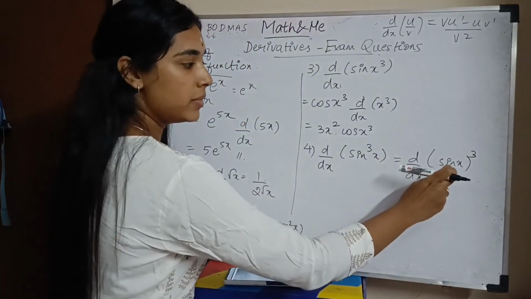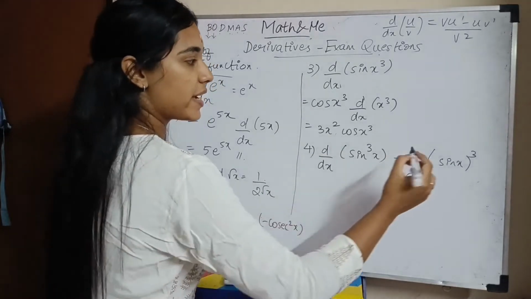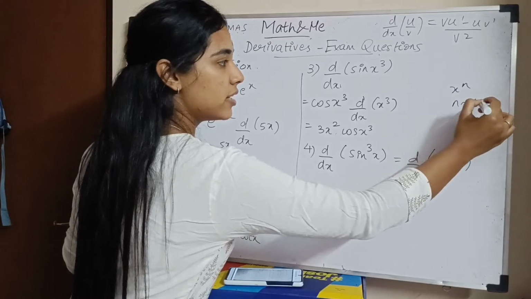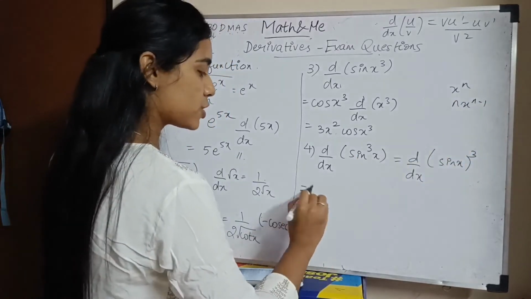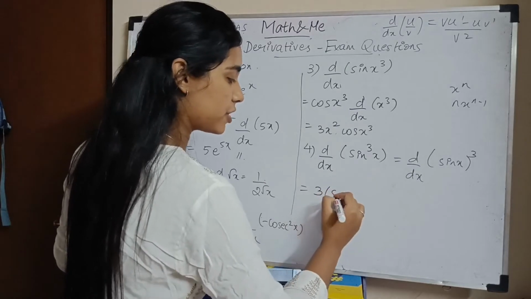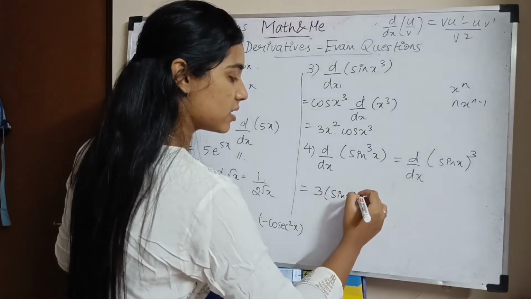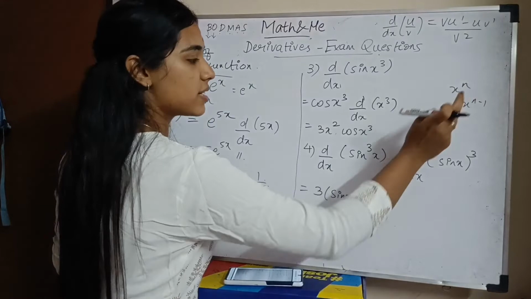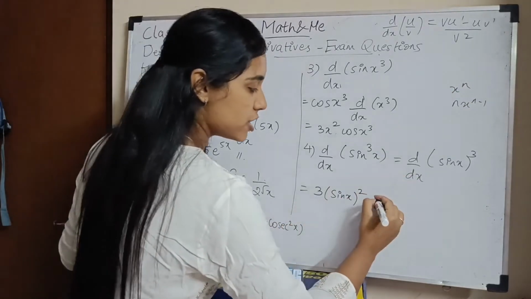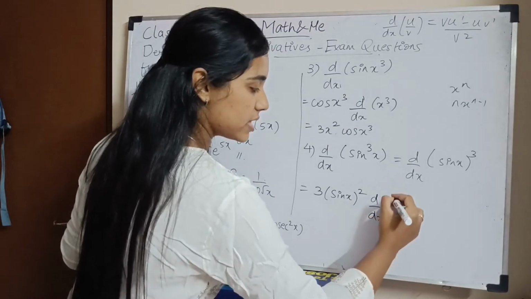So this is of the form x to some power. So x to some power or derivative n, x to the n is nx to the n minus 1. Remember? So what will you do? 3 comes down. 3 times, what is your function? Sin x square. So if x to some power, you have written it like that, but you have a function inside. So you take the derivative of sin x also.